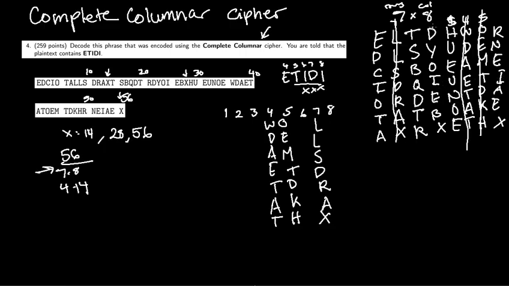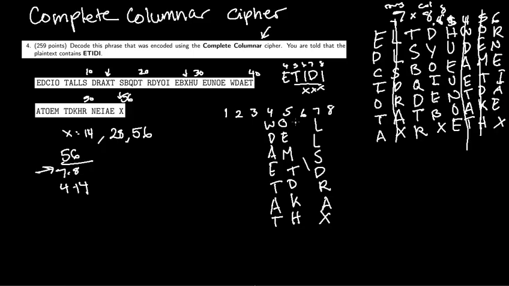Okay, so let's plug in this one first. So let's say this is 6. D, Y, O, I, E, B, X. See, the AKB doesn't really make any sense to me. So I will go for the next one, which is this. So I'll put this as 6 and this is 8.